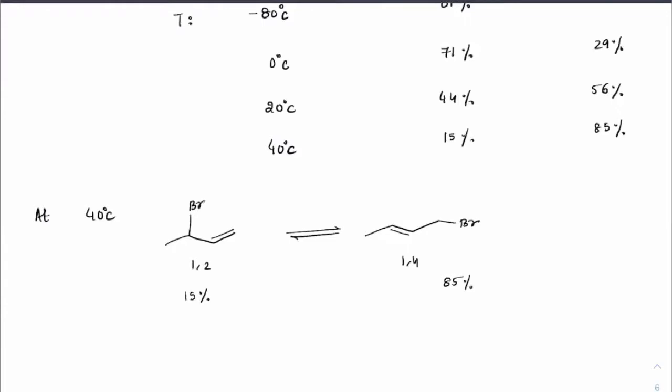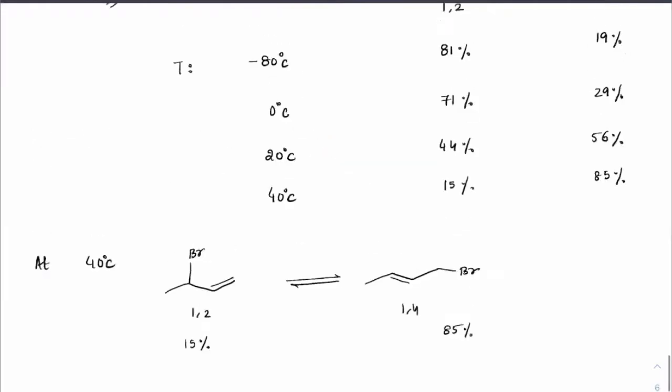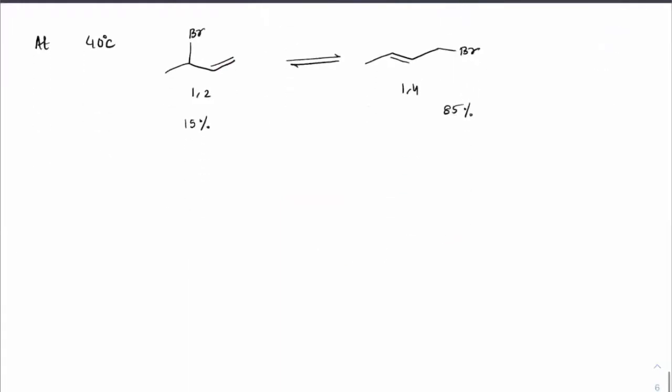Why I wrote this equilibrium sign? Because this reaction's quantity is subject to temperature. If the temperature is changed, then one of the products will start becoming more or less, which means they are definitely at equilibrium with each other. This point is clear, everyone?